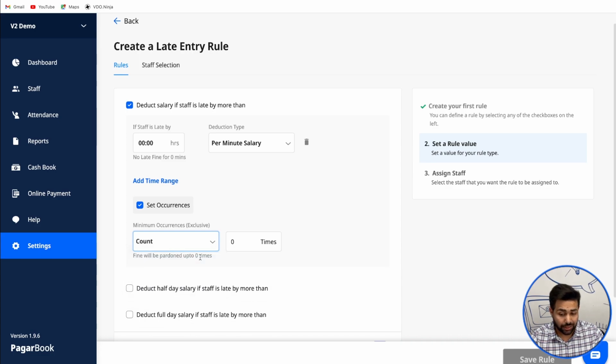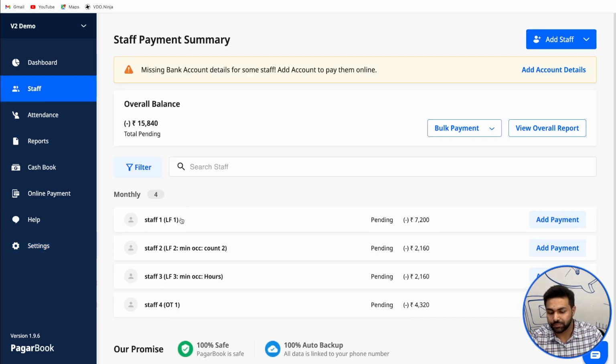So let's take an example. I am taking an example of count, where if staff is late by 2 times in a month, his fine will be pardoned. So let us assume that we are setting count as 2, and what happens?